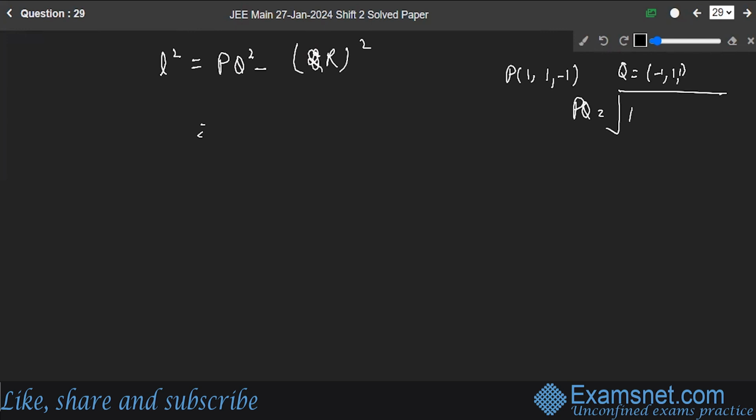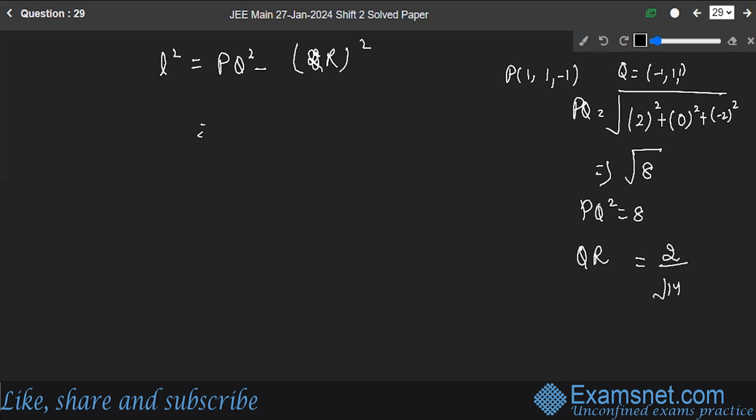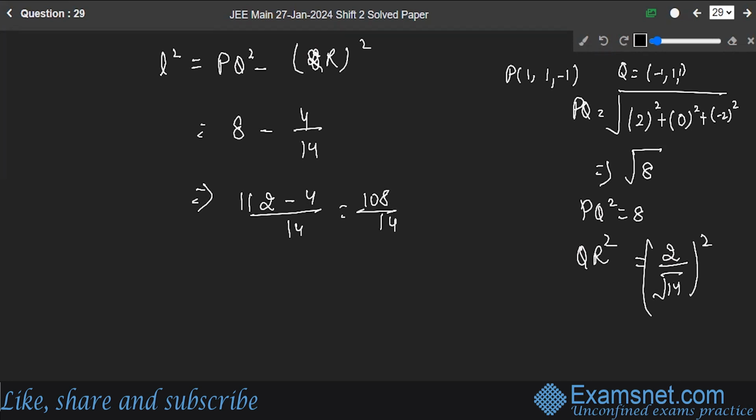So this will give me 2 square, 0 square, and minus 2 square. This will be equal to root of 8, or PQ square will be equal to 8. Similarly, QR is equal to 2 by root of 14, and QR square will be the square of it. So this will be equal to 8 minus 4 upon 14. That will give me 112 minus 4 upon 14, which is equal to 108 upon 14, and that is your L square. I had to find out 14 L square, which is equal to 108. So this is the answer to the question: 108.